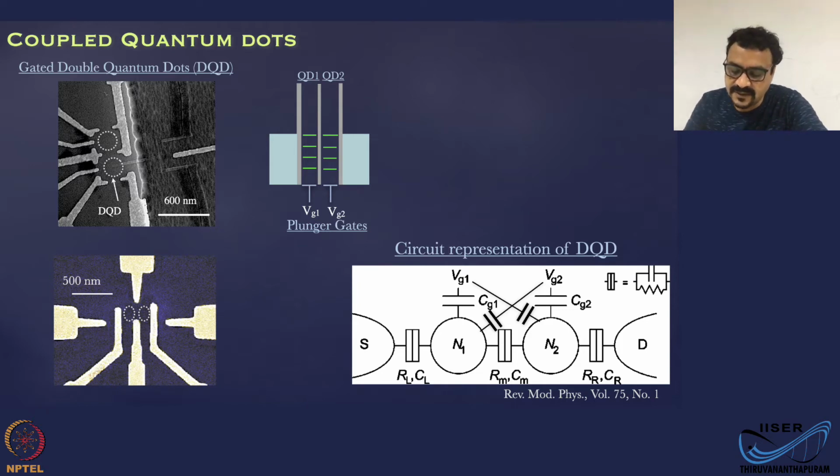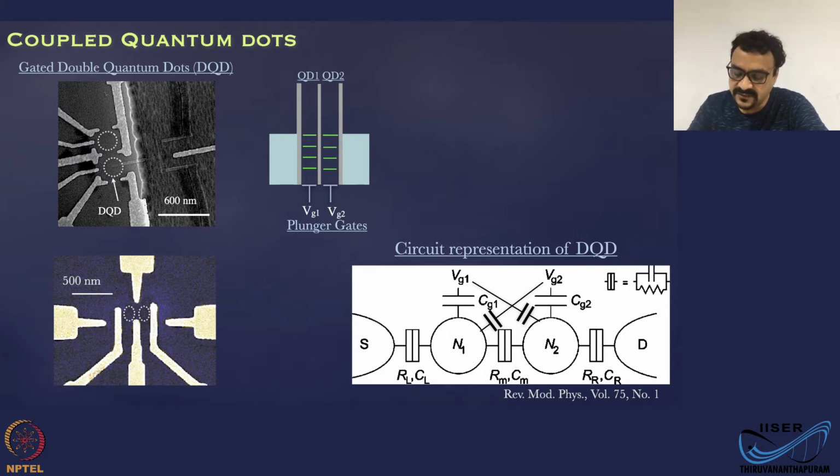Here is a simple energy level representation of a double quantum dot system where you have two quantum dots, and I also have drawn two electrodes here, Vg1 and Vg2. That could be these two electrodes in this design, but they can change the electrostatic potential of the individual dots.